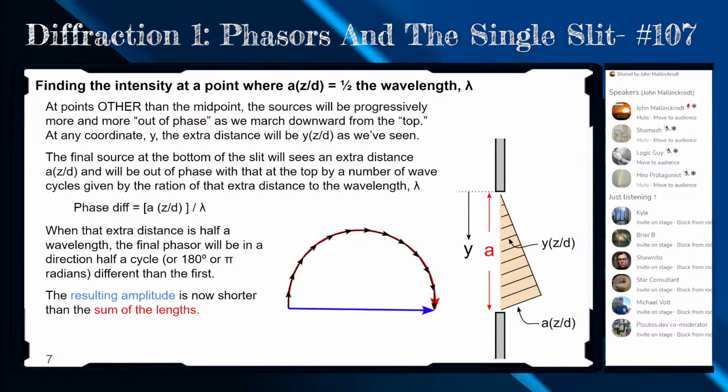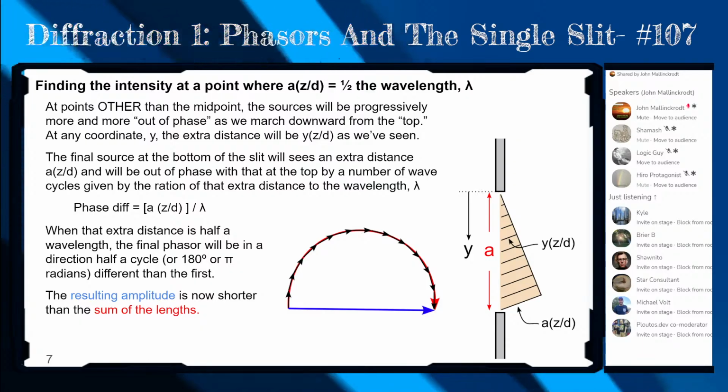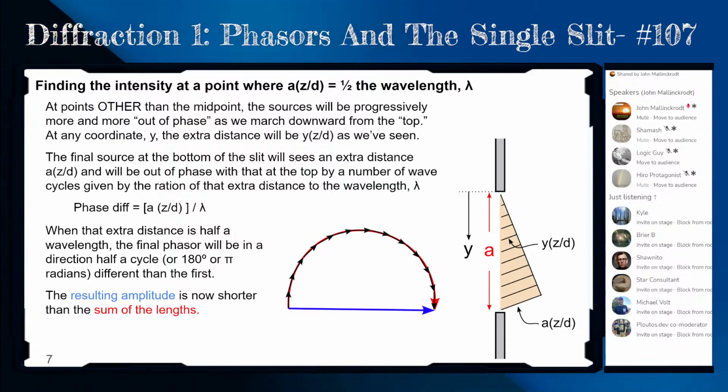So what if I want to find the intensity at a place where that extra path length at the bottom, the out-of-phaseness of the bottom source, is half of a wavelength?